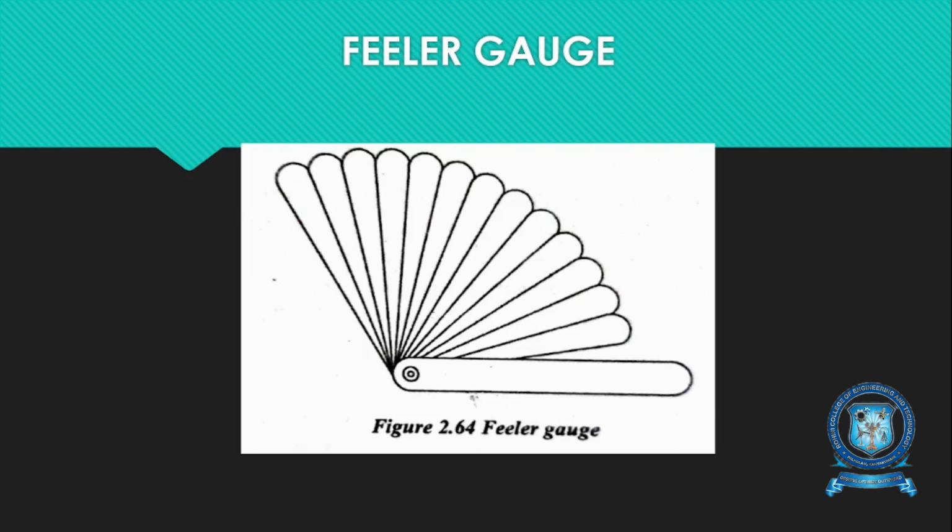The blades are pivoted in a holder as shown in the figure. To find the size of the clearance, one or two blades are inserted and tried for a fit between contacting surfaces until blades of suitable thickness are found. They are mainly used for adjusting the valve and spark plug clearance in the automobile area.